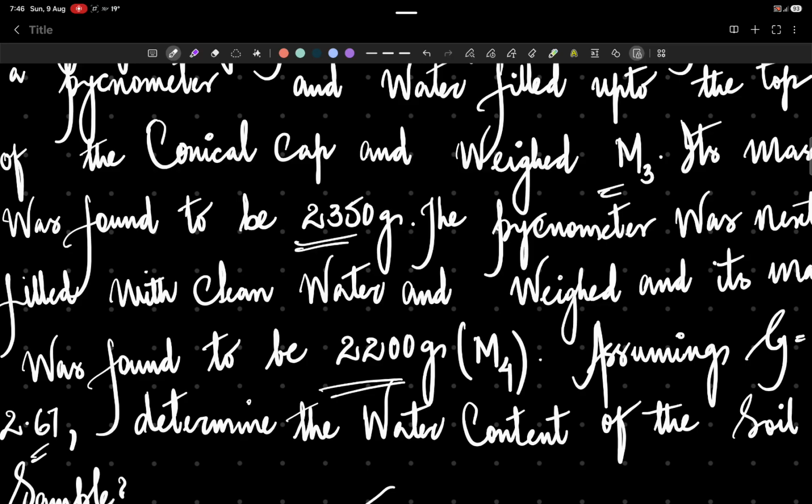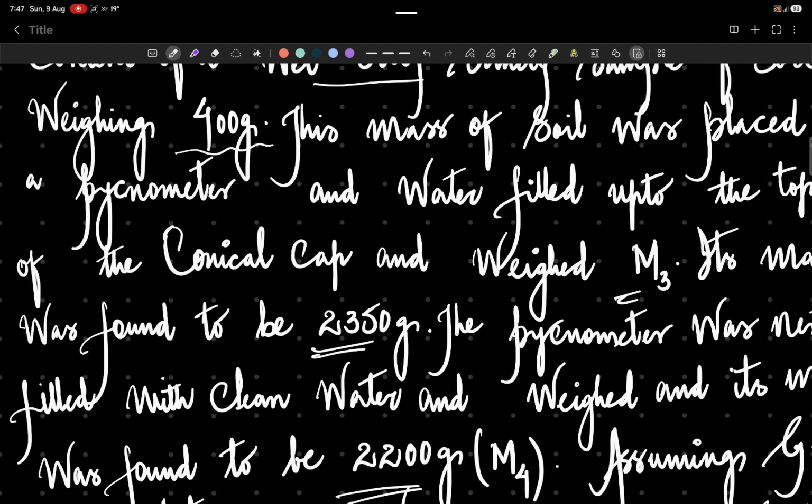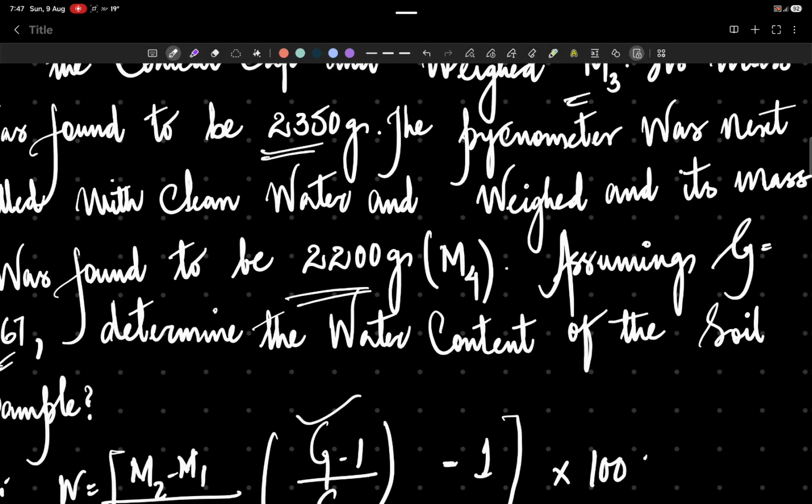The mass of the soil was placed in a picnometer and water was filled up to the top of the conical cap, and it was weighed and found equal to 2350 grams. That means mass of picnometer plus wet soil plus water is 2350 grams. The picnometer was next filled with clean water and weighed, and its mass was found equal to 2200 grams.